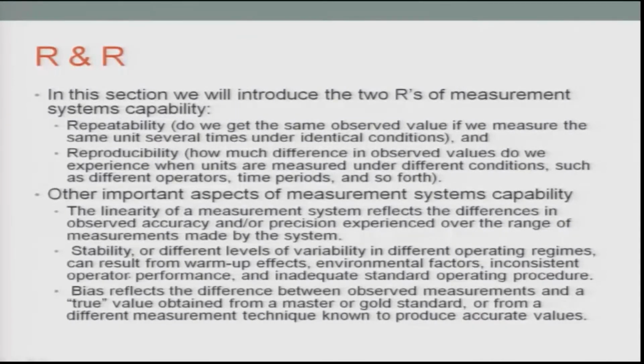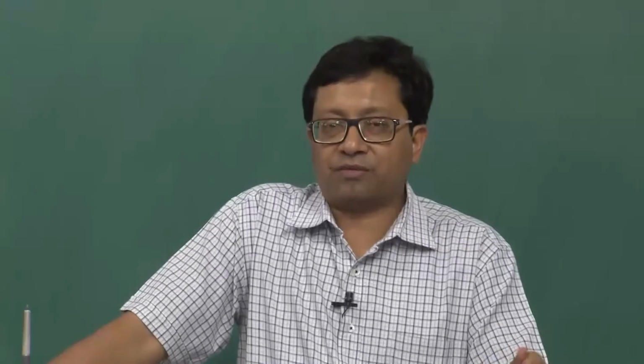So, there can be biases, which reflect the difference between the observed measurements and a true value obtained from the master or the gold standard. Or, such that from different measurement techniques, it is available to us, so that we can take much better readings from the same.